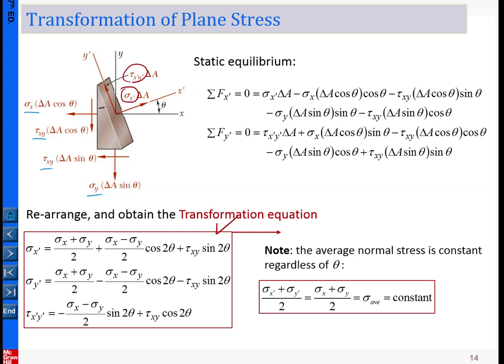By following these equations, we should be able to determine the stress element in the new orientations. So basically, we are given, in terms of our xy coordinate system, sigma x and sigma y, sorry, this is sigma y, and we have the shear stress, tau xy.